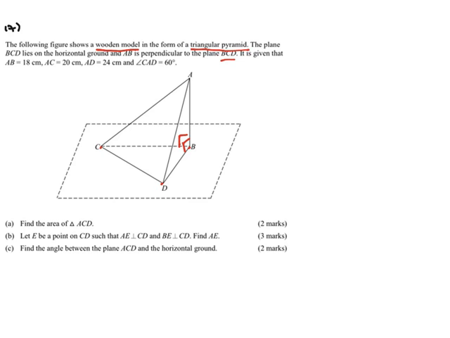Given that AB is 18, AC is 20, AD is 24, and angle CAD is 60 degrees. Now for part A, we need to find the area of triangle ACD.